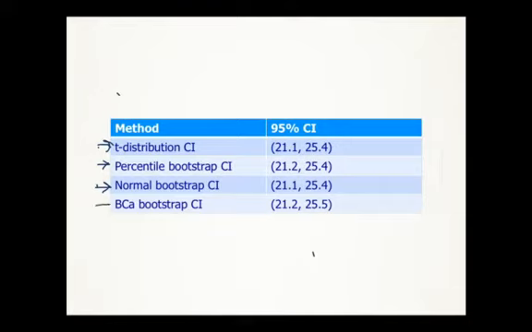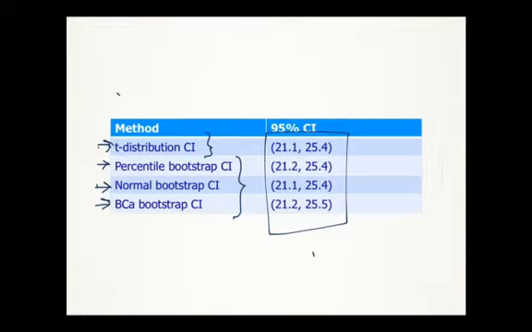Just know that there are different ways, but you can see here the confidence intervals are very, very similar. The differences between them are small. But that should just kind of make you feel comfortable that these bootstrap ones, these three, are very similar to the t-distribution which we'd been using before. Okay? So you might wonder, if they're very similar, why are we introducing new things that are so similar? But we'll answer that question here in a little bit.